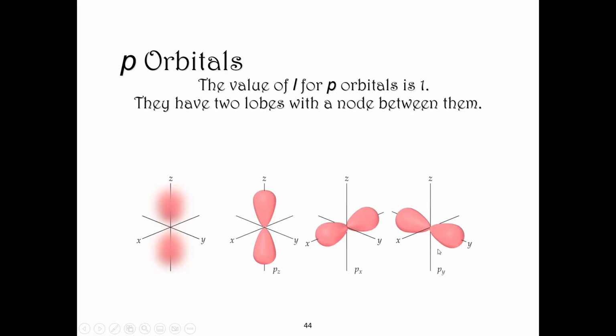So if we think about a graph, typically it's got x and y, but now the z axis would just be coming out of the board if x and y are on the plane of the whiteboard. But again, we've got just the 3 orbitals because L is 1, so the magnetic quantum number could be -1, 0, or +1.